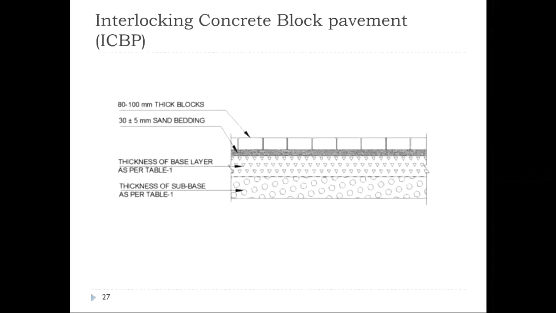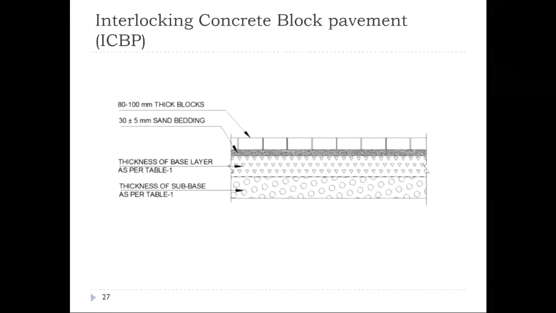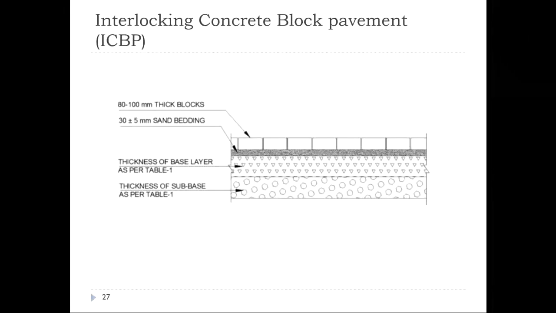Okay, now coming to the second topic of discussion. The second topic of discussion for us today is the interlocking concrete block pavements, which is covered in IRC SP 63. If you look at the interlocking concrete block pavements, this is the general cross section. Just like any other paving operation, this is constructed on a compacted subgrade.